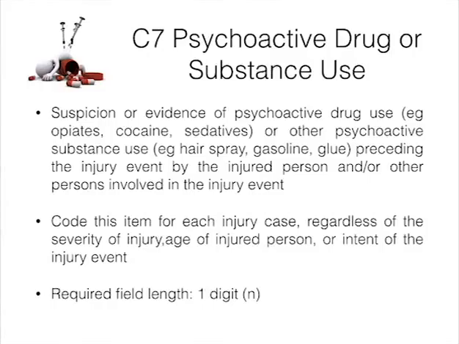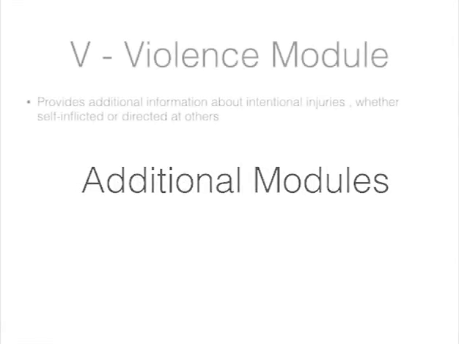No distinction is made between suspicion that this patient has injection marks and evidence that his blood or breath drug levels, because criteria for each category is too difficult to define. Code this item for each injury case regardless of the severity of injury, age of injured person, or intent of the injury event. Now, let us discuss the additional modules for ICECI.